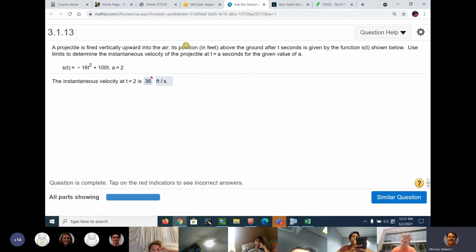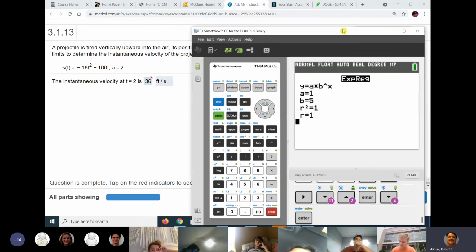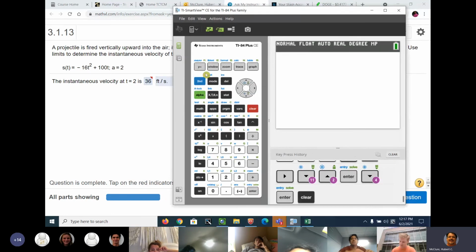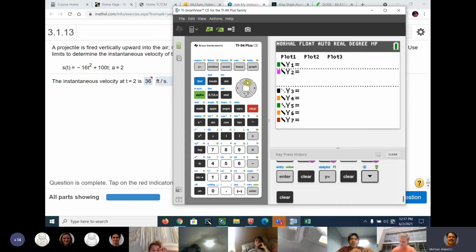Yeah, let's draw the function. I'm going to draw it with the calculator. So graph clear, y is equal, clear, and clear.